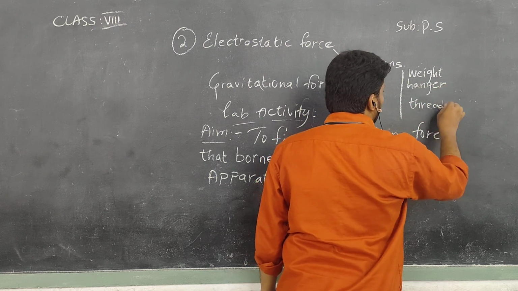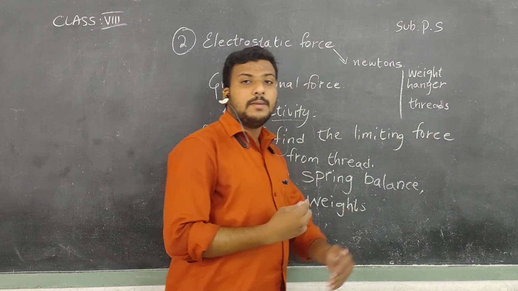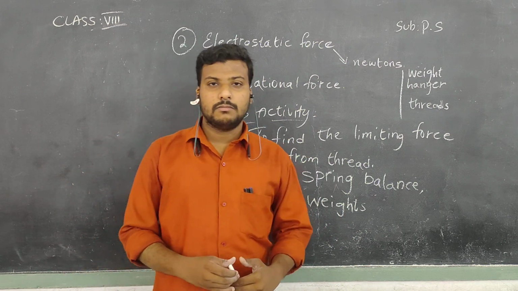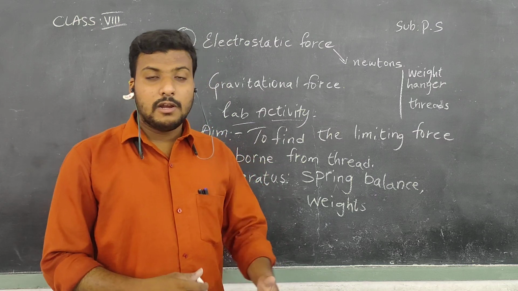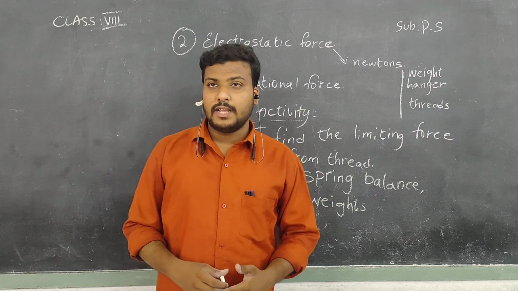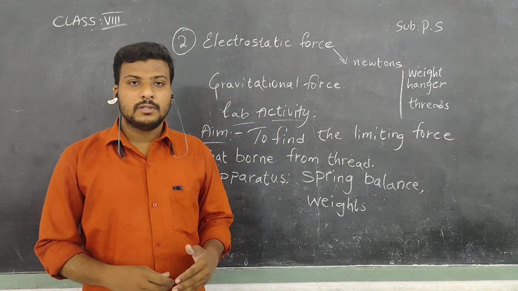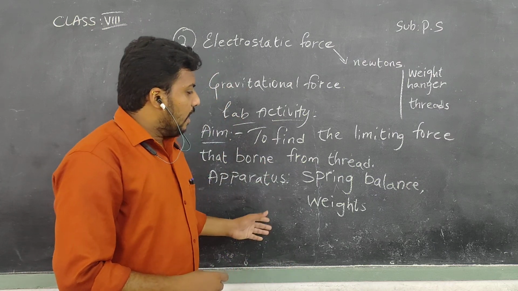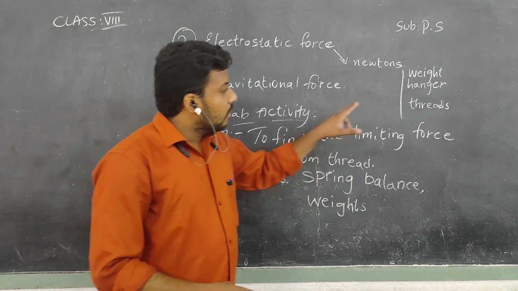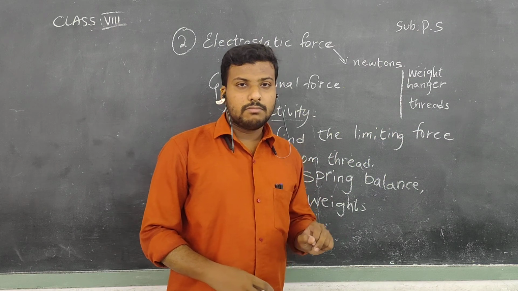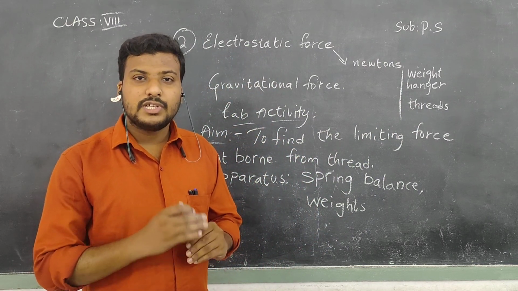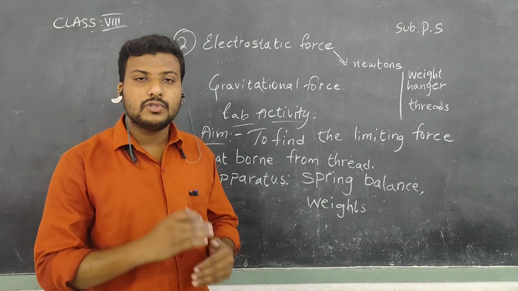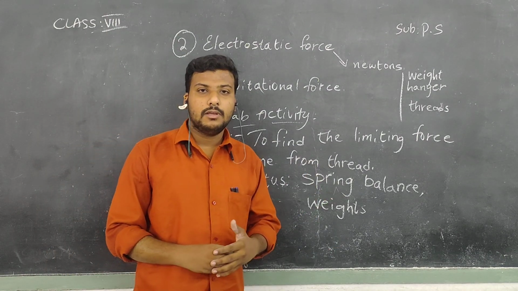Here we are going to take different types of threads, not one kind of thread, children. Silk thread, cotton thread, nylon thread, like that we are going to take different kinds of threads. And you are going to learn which kind of thread has a greater limiting force by this activity.